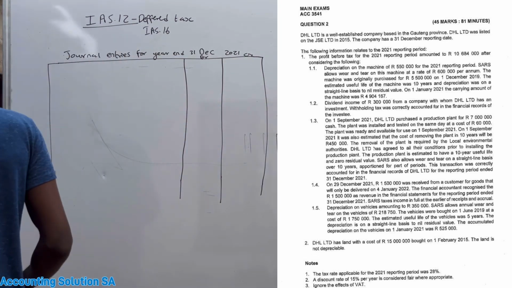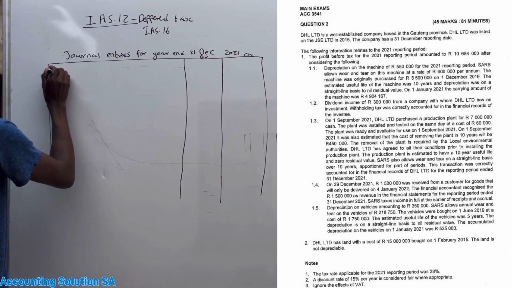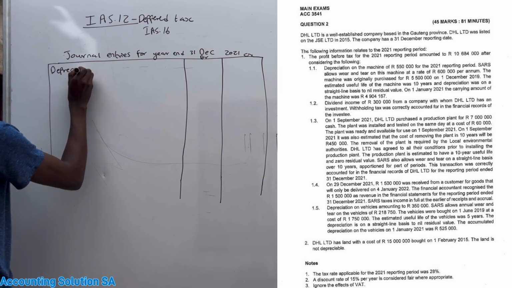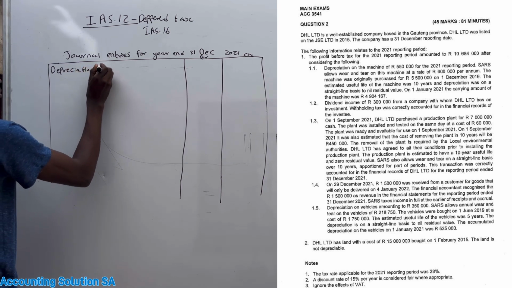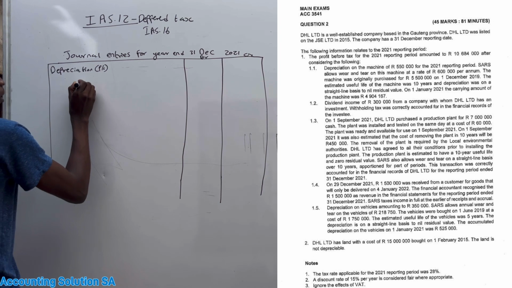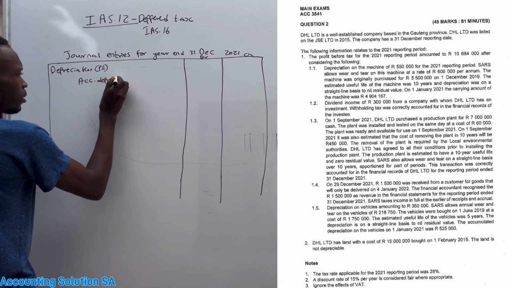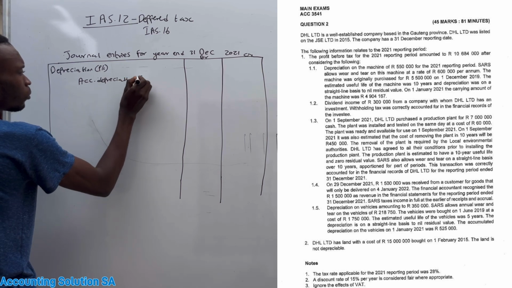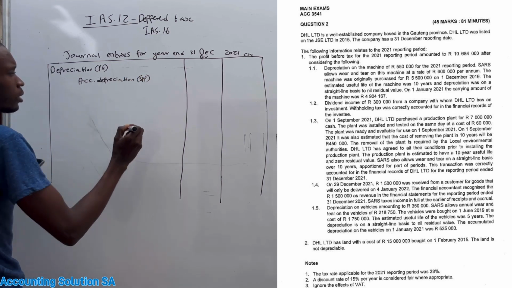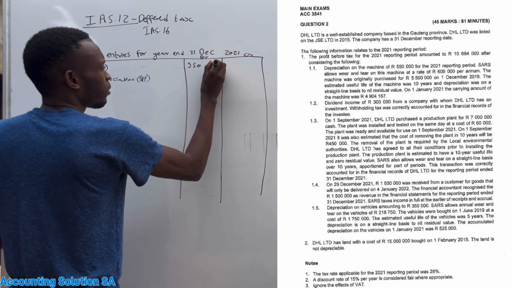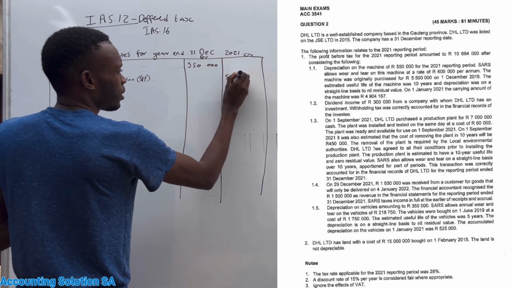The first one, we are going to say our depreciation is an expense. We debit depreciation, which is P&L, and credit accumulated depreciation, which is SFP because it's a negative asset, 550 on this side and this side here.